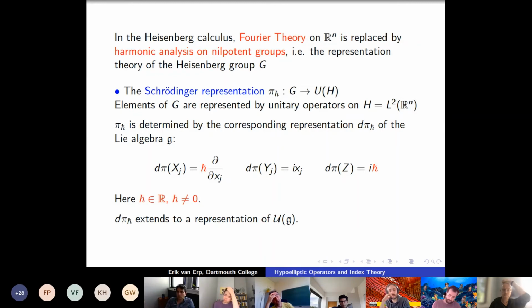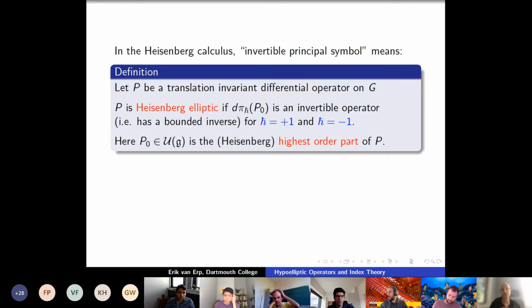And of course, just as before, these representations of the Lie algebra extend in an obvious way to the universal enveloping algebra of the Lie algebra, and therefore to translation invariant differential operators, which is the same thing. All right. So then here's what invertible principal symbol means, and what I'm trying to emphasize is that it's literally the same thing, although it looks very different.